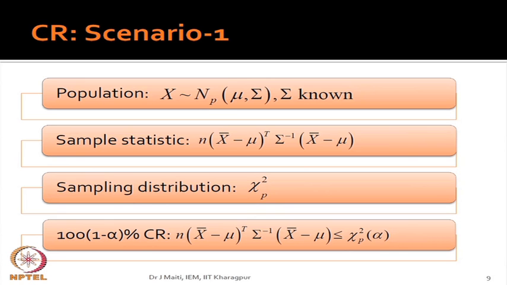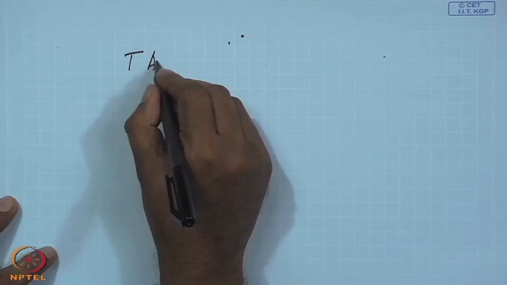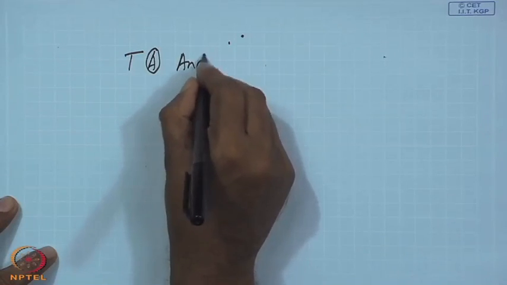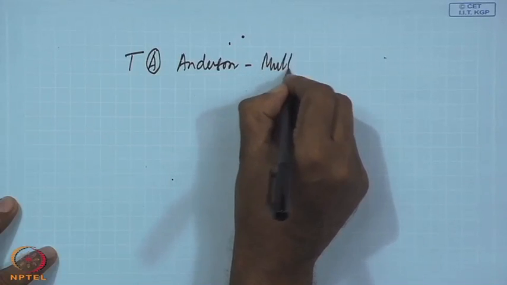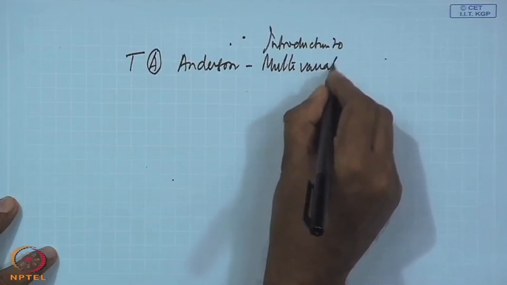Scenario 1 is sampling from a multivariate normal population with known sigma. If you want to know how things are derived in the first scenario, there is one good book which I forgot to tell you about in the beginning, that is T. W. Anderson, Introduction to Multivariate Statistical Analysis.